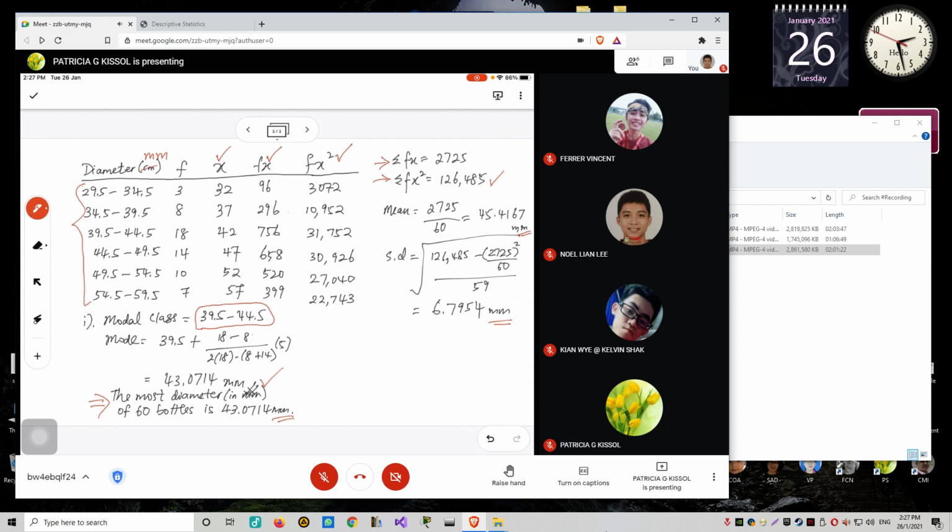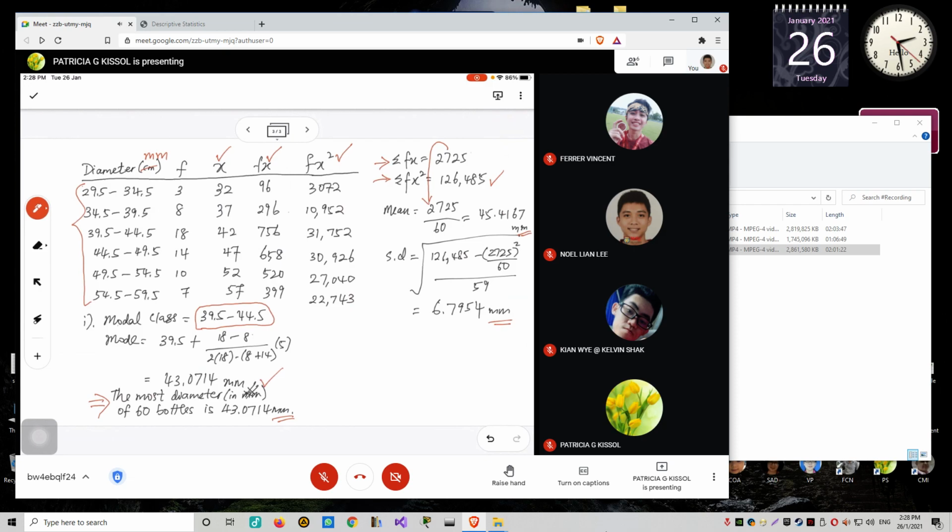And then the next question is asking you to get the mean and standard deviation. This is the calculation of it. So the mean is simply the summation fx, which is this value, divided by the total frequency, which is 60, you get 45.4167 millimeter.